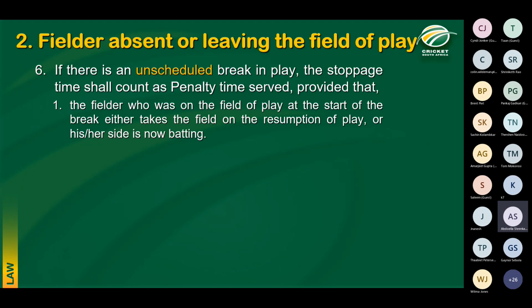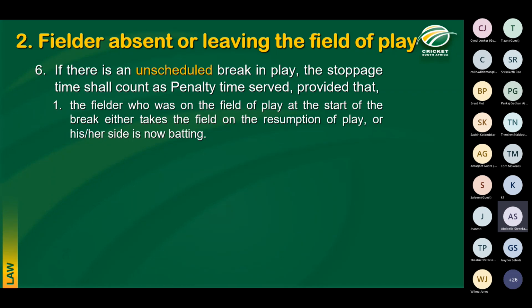So the question you need to ask yourself is, was John on the field of play when it started raining? And the answer to that question is yes. So because John was on the field of play at the start of the interruption, the law tells us you can now offset the length of that interruption against penalty time that John owes us.